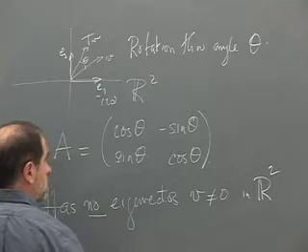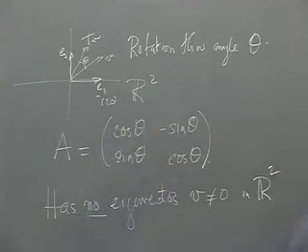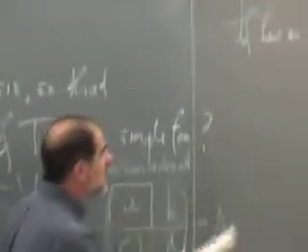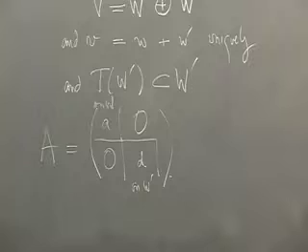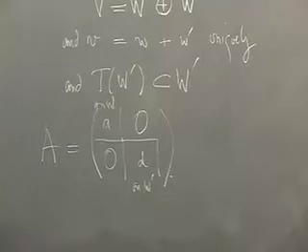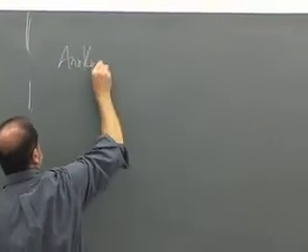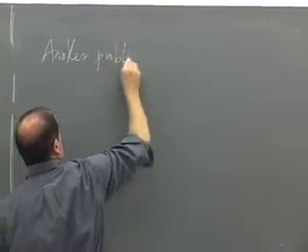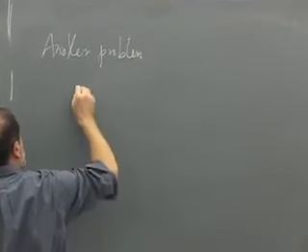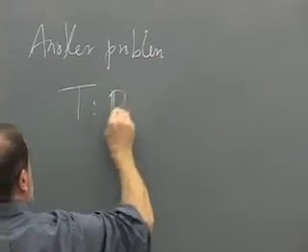Another example. You can have one eigenvector, so you have an invariant subspace like this, but you may not be able to get rid of the b. You may never be able to get to a matrix like this. So you can have an invariant subspace without an invariant complement. So another example. Consider the linear operator from R2 to R2.